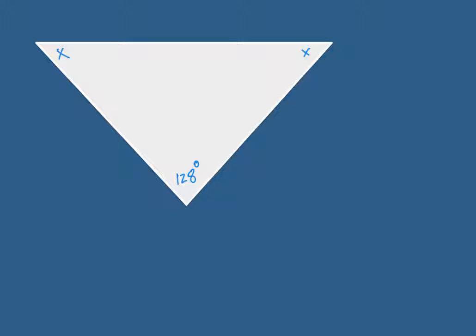Here's the next example that we're going to be going over. It's on page 193. That's where I'm at right now. This is example number 2, and it says to find the value of x, then classify. So I'm going to find the value of x, then classify.